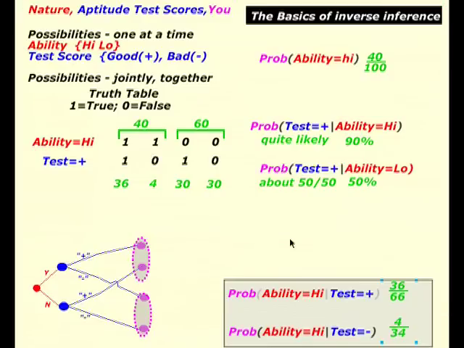So 4 to 34, about 10 or 11%? So we were thinking, gee, there's a 60% chance of people being low ability, but if we saw a low test result, we'd now put almost a 90% chance on the person being low ability, because we put a 10% chance on them being high ability. Okay? Got the idea?